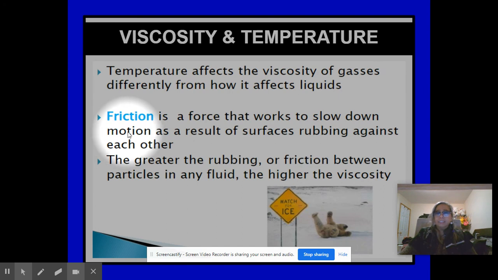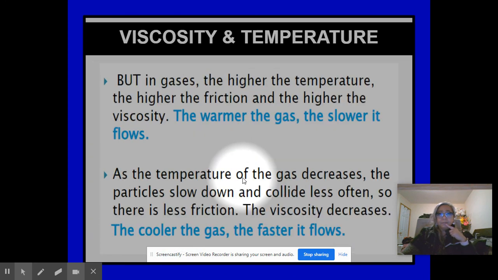Another thing that we have to contend with when we are talking about fluids in general would be the idea of friction. Friction is a force that works to slow down motion as a result of surfaces rubbing against each other. The greater the rubbing, or friction between particles in any fluid, the higher the viscosity.